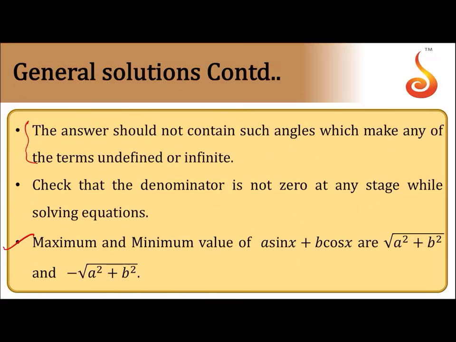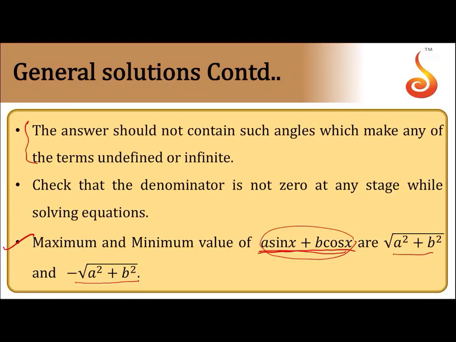The maximum and minimum values of a sin x plus b cos x. This is a very important identity. The expression a sin x plus b cos x has a minimum value of minus root of a square plus b square, and a maximum value of root of a square plus b square.